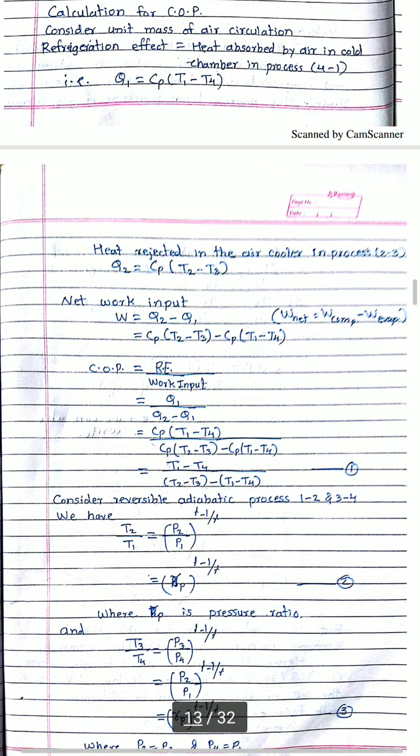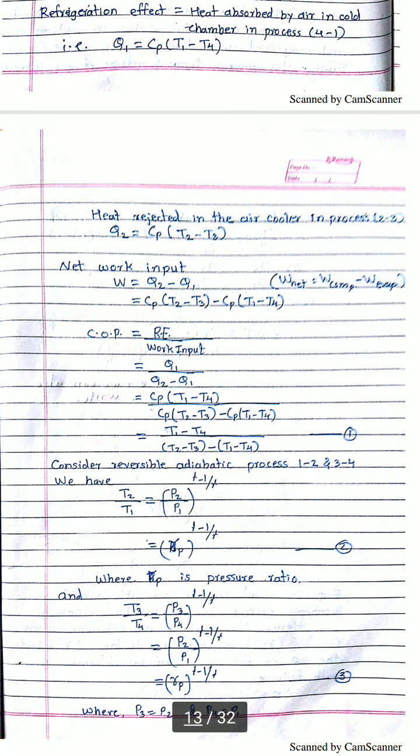Now Q1 is Cp into bracket T1 minus T4, divided by work input Q2 minus Q1, which is Cp into bracket T2 minus T3 minus Cp into bracket T1 minus T4. The numerator and the denominator both have Cp, so Cp cancels. Hence the COP is equal to T1 minus T4 divided by (T2 minus T3) minus (T1 minus T4).